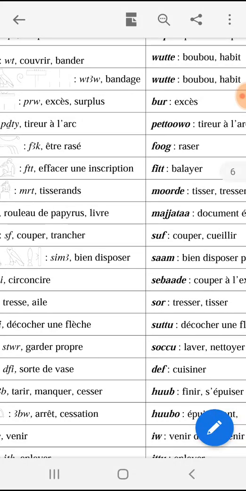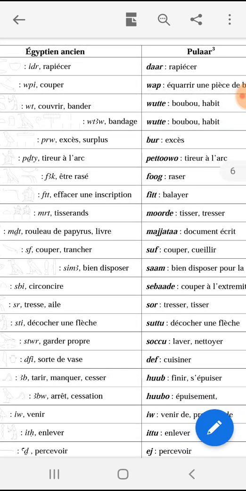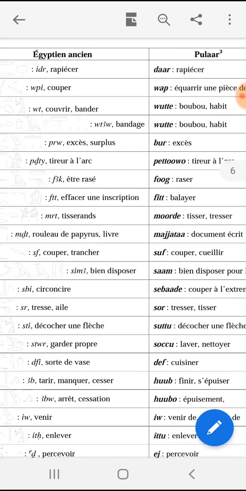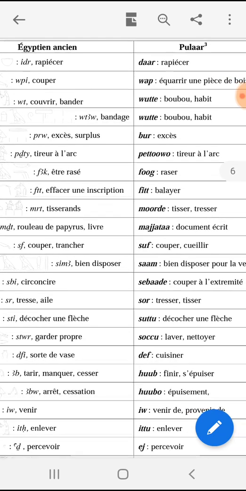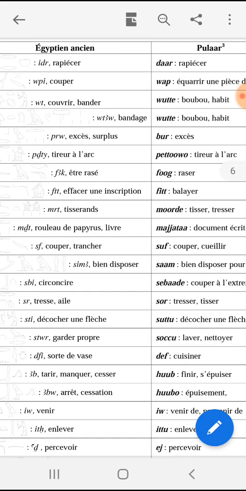In Pular, you have Fug, which means to shave. In Medu Netcher, you have Medjet, which means the papyrus roll or a book. In Pular, you have Majata, meaning written document. In Medu Netcher, you have Sef, meaning to cut. In Pular, you have Suf, meaning to cut.